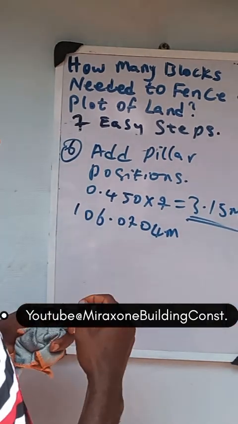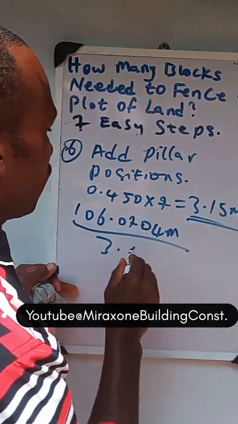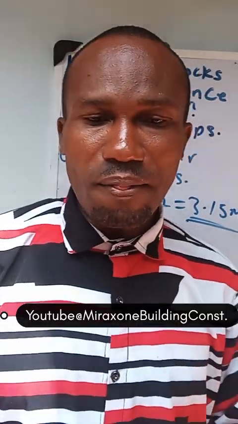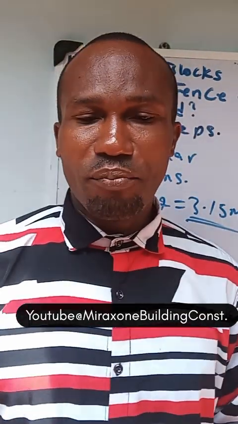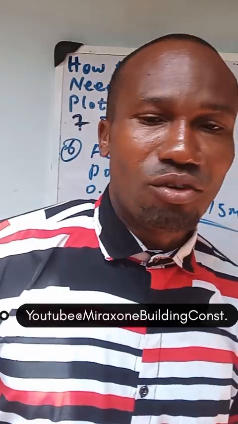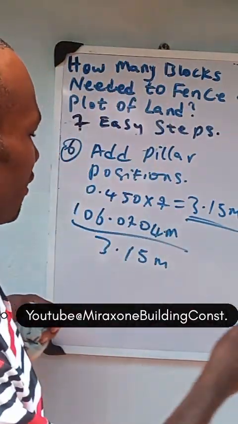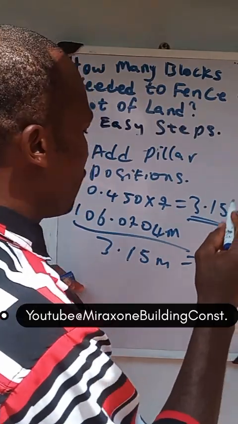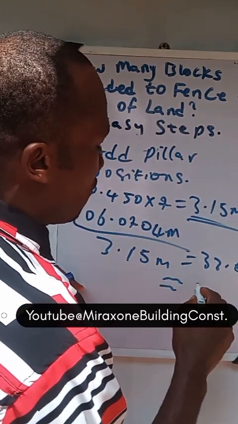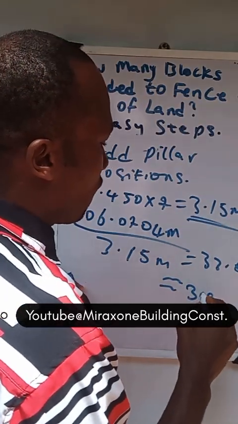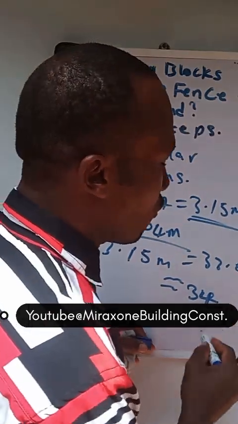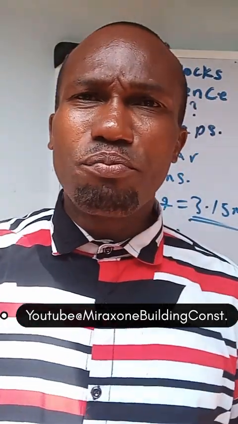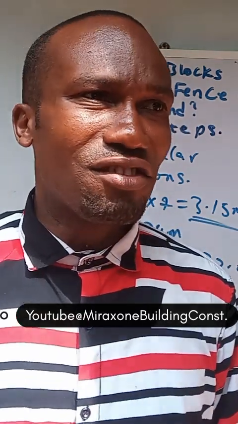So you have to divide it by 3.15 meters. When you divide it by 3.15 meters, you get 33.6, so you have to approximate it to 34. So 34 column positions. I want you to pay attention.